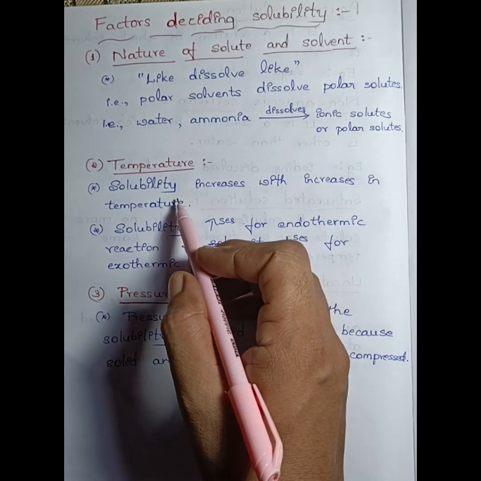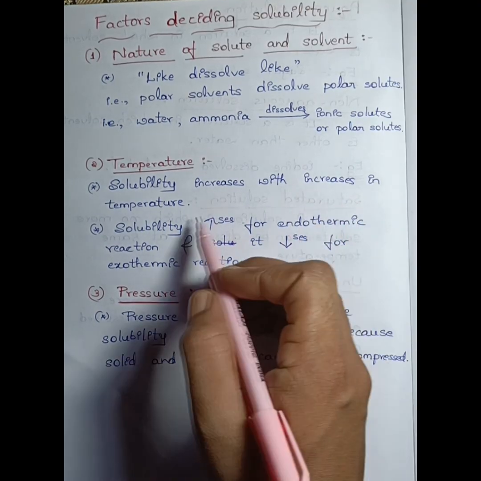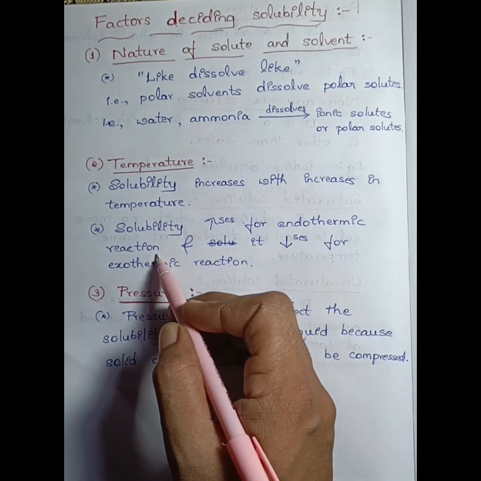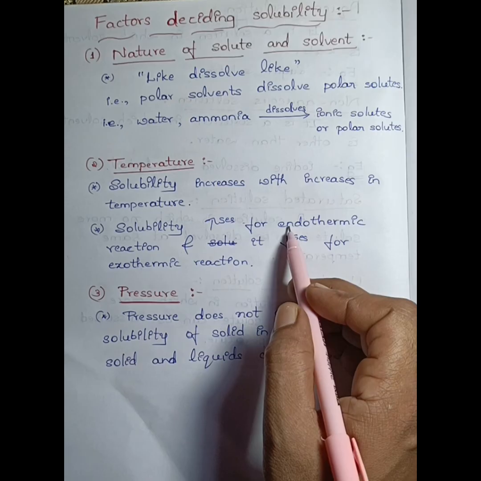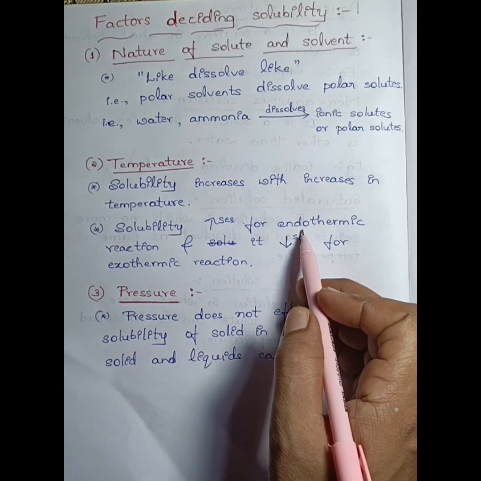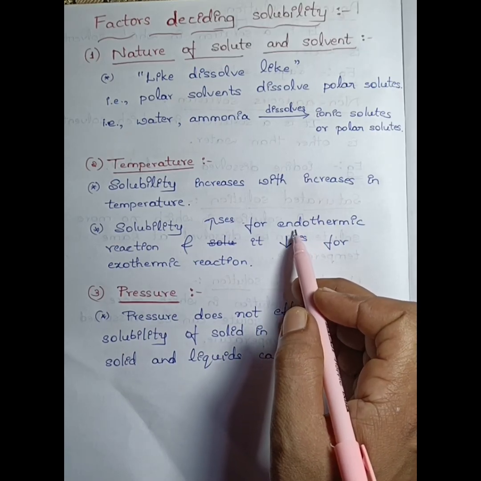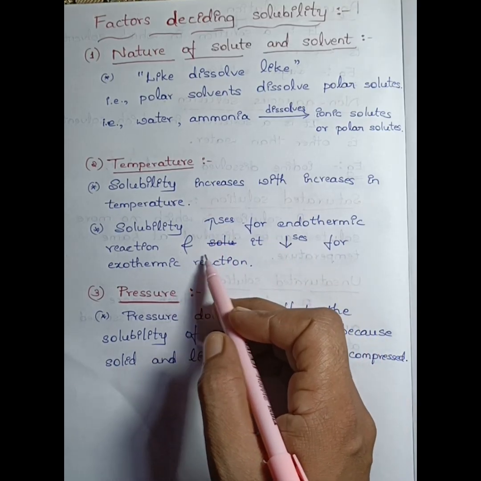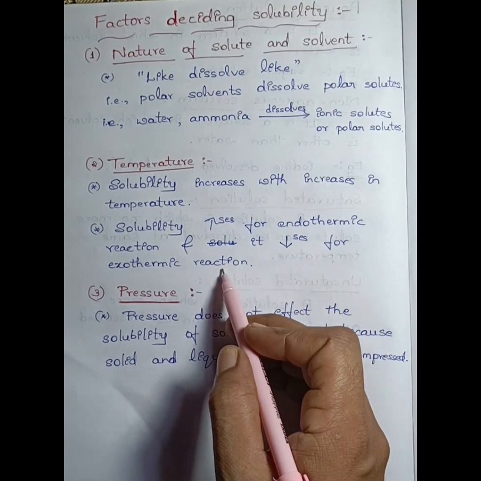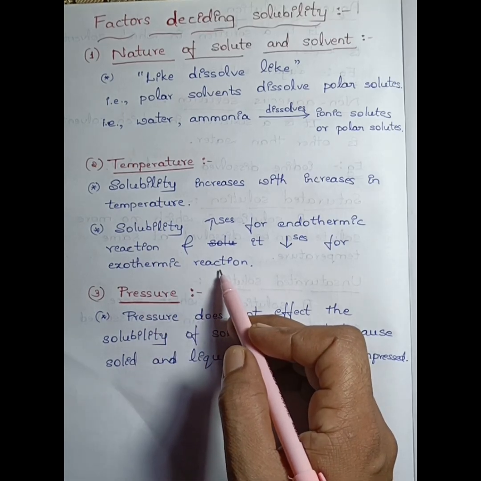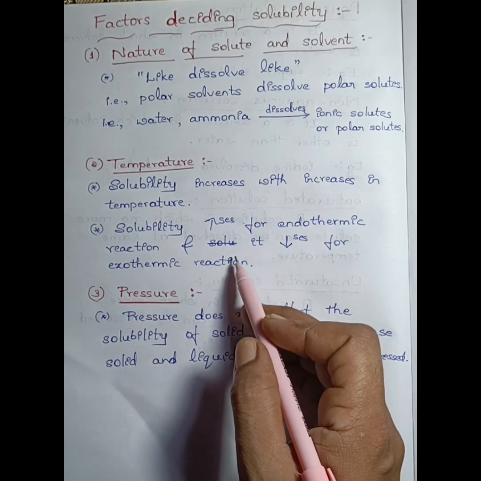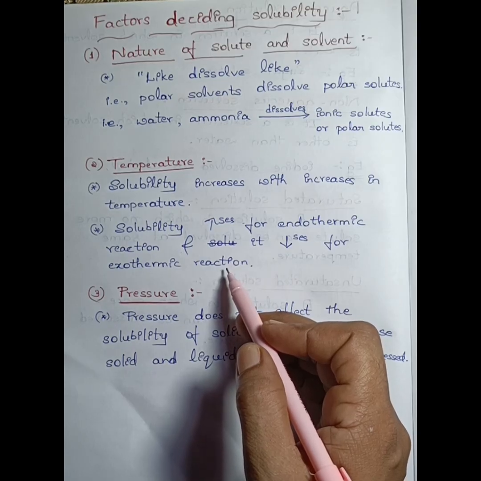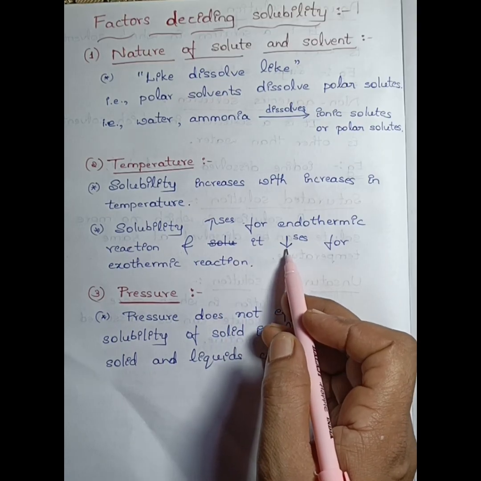That is, solubility increases with increase in temperature, and solubility increases for endothermic reactions. Endothermic reaction means heat absorbing. If that reaction absorbs heat, then the solubility increases. And it decreases for exothermic reactions. Exothermic reaction means heat releasing. In that reaction, it releases heat, so that's why solubility decreases.